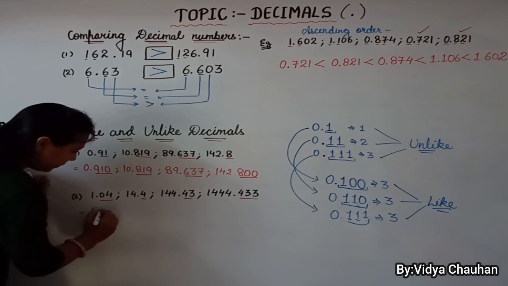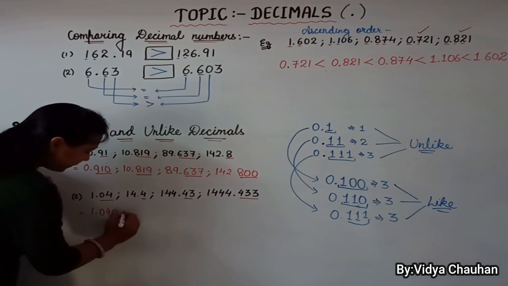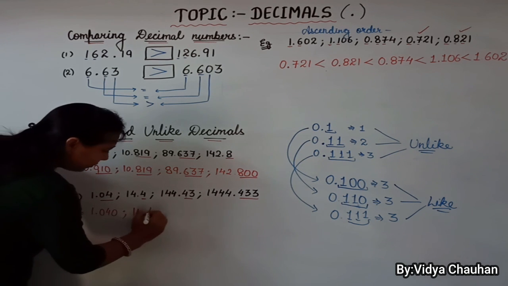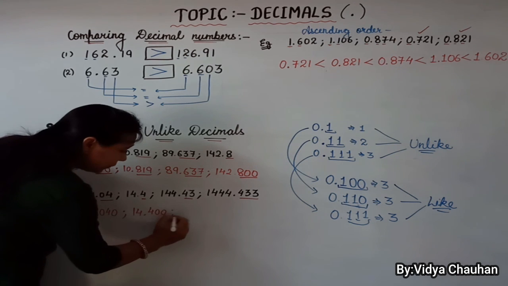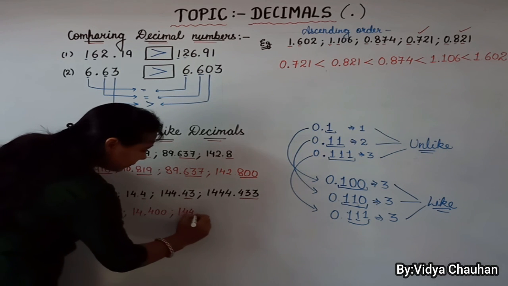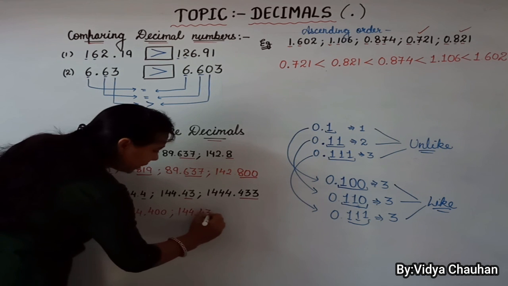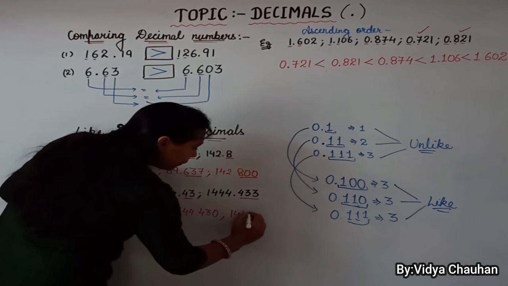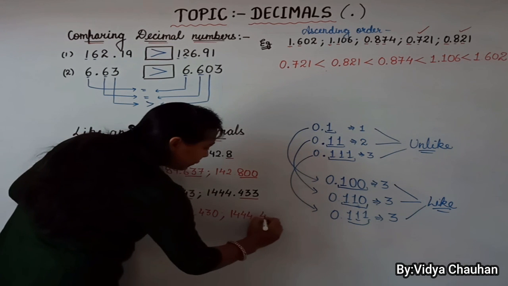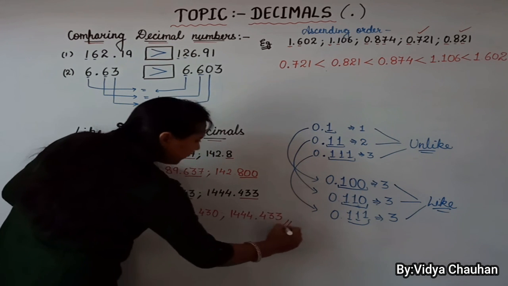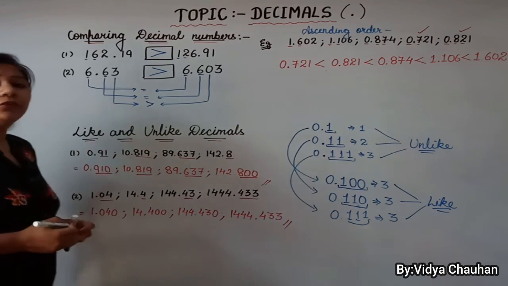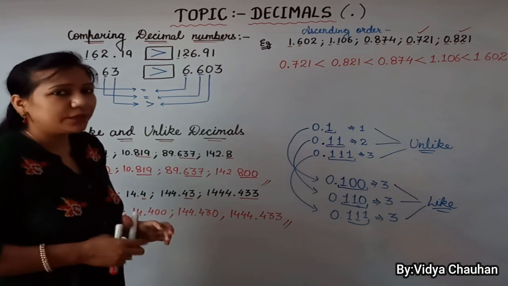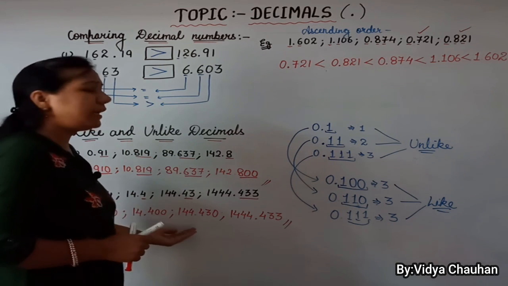So this will become 1.040. Next will become 14.400. The next value will become 144.430 and the last value will be copied as it is, 1444.433. So this is how you can convert any unlike decimal numbers to the like form.